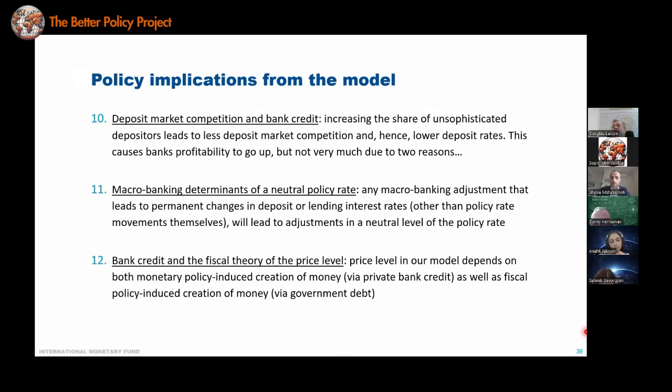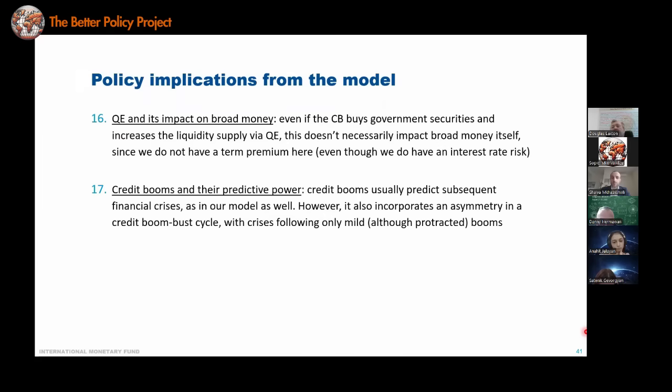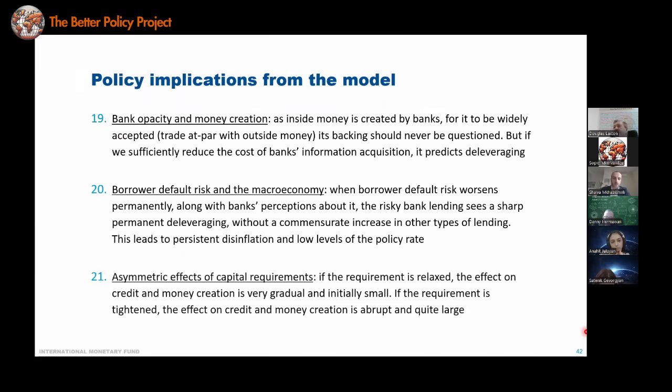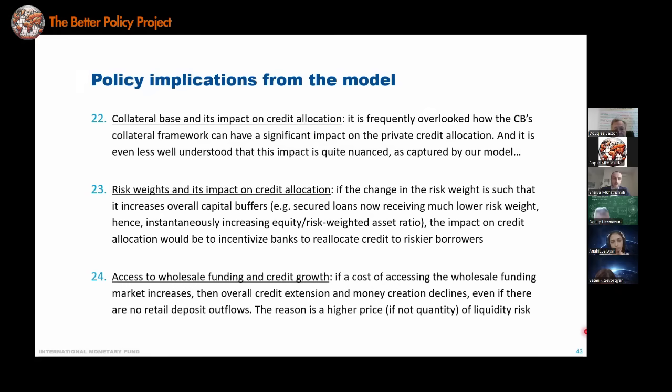Also, that the policy rate has macro banking determinants as well, which has been frequently underappreciated. How crowding out or crowding in can happen. Also, what is the impact of QE and so on. So let me skip those.